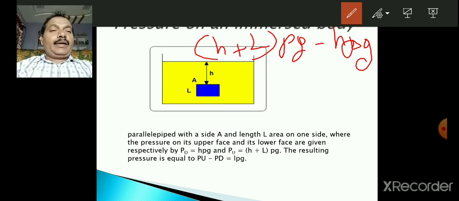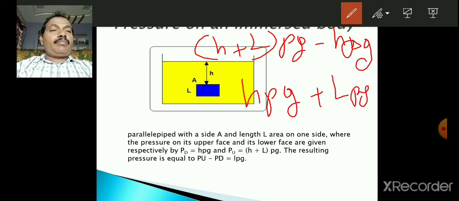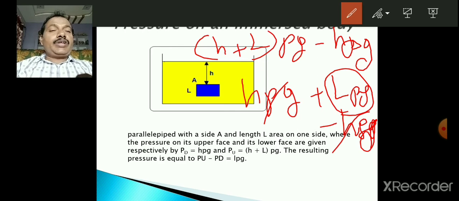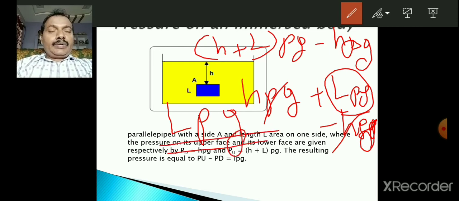If you open the brackets, H rho G plus L rho G minus H rho G, these two cancel, and finally the differential pressure is L rho G. So this is the pressure on the immersed body.